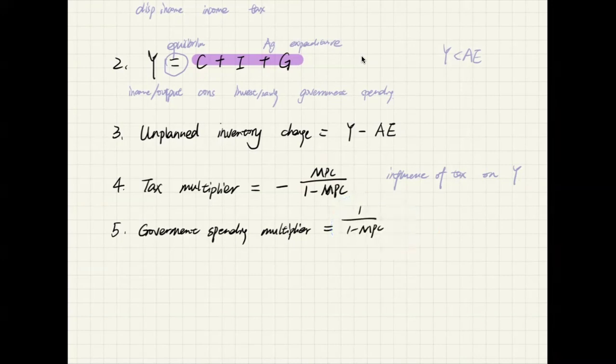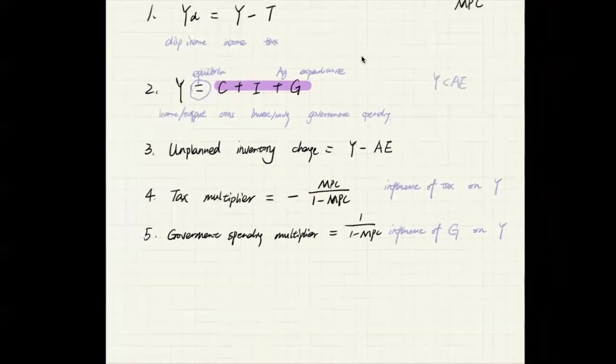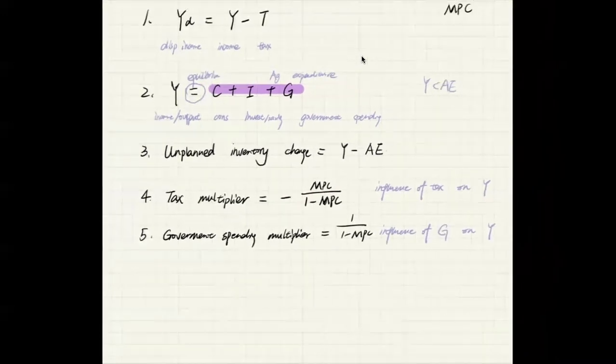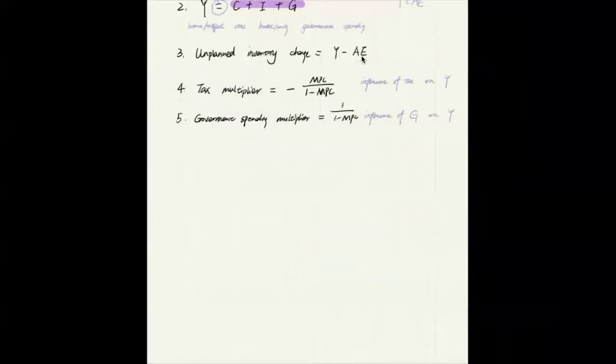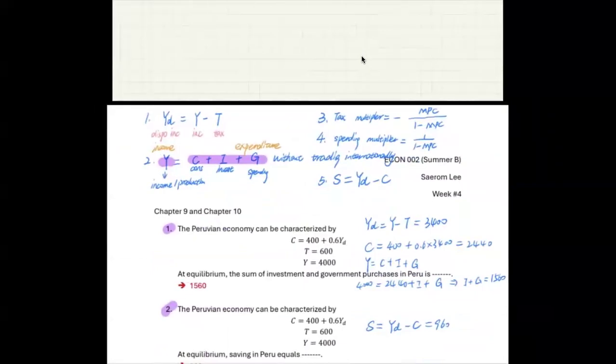It is the influence of government spending on Y. Okay, so if you know these five equations, I think you can solve the following questions smoothly. So let's look at the first question together. Let's erase this.